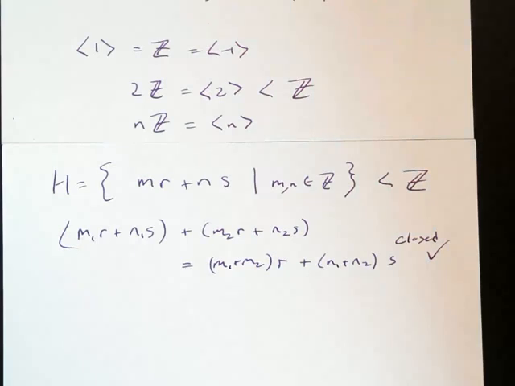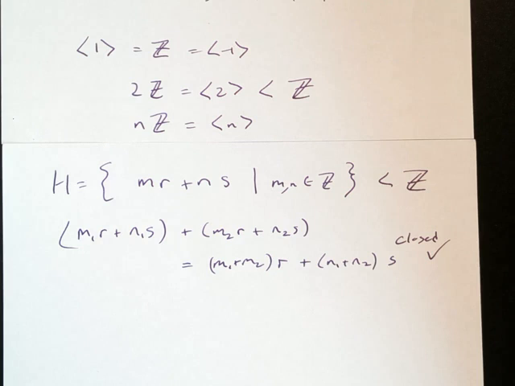What's the identity in the integers? Really, people? That should be a giant chorus at this point. 0. How do I get something in here that looks like 0? I pick 0 for M and 0 for N. How do I get the inverse of something in here? Negatives. Switch the M and the N to their negatives. Poof. Yay, it's a subgroup.